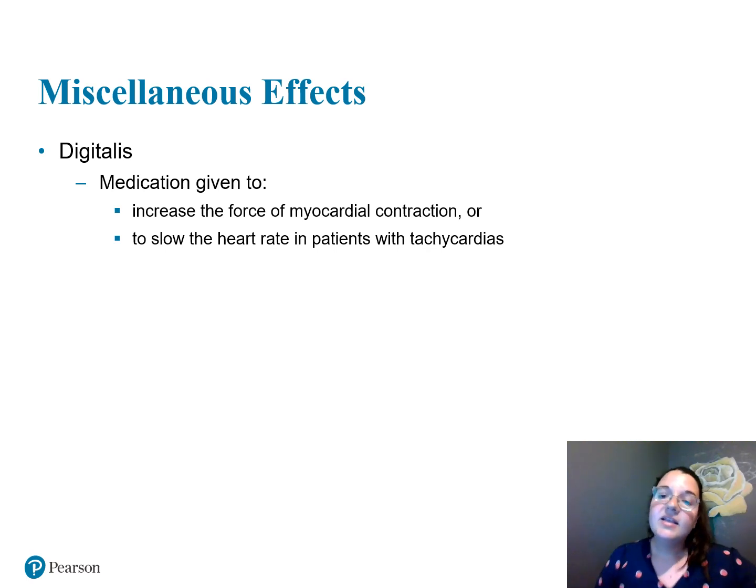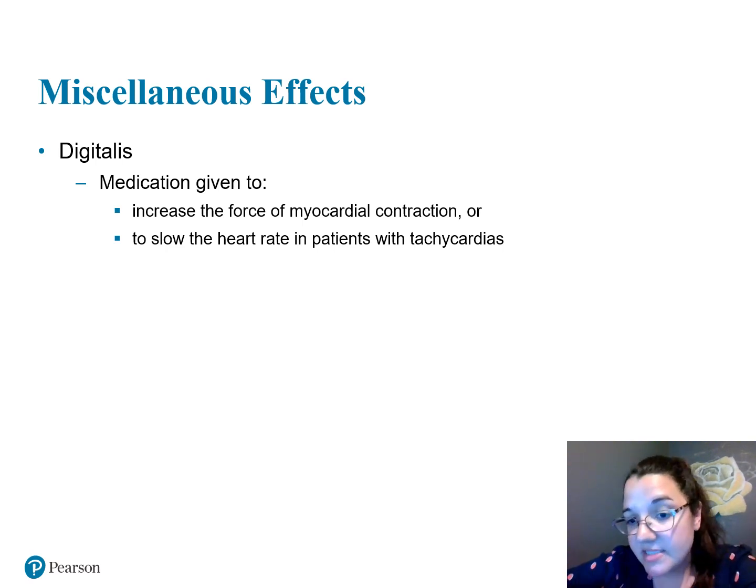All right. Second to last question you're going to ask yourself, and this is on the end of chapter 13, is your miscellaneous effects. Your miscellaneous effects include digitalis. Digitalis is a medication given to increase the force of the myocardial contraction or to slow the heart rate in patients with a tachycardia.